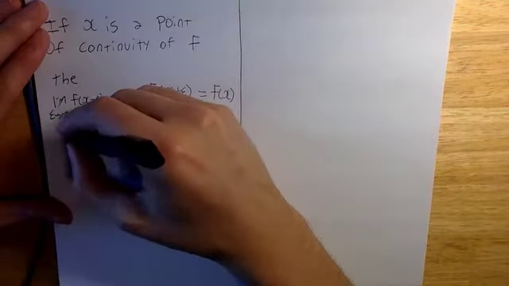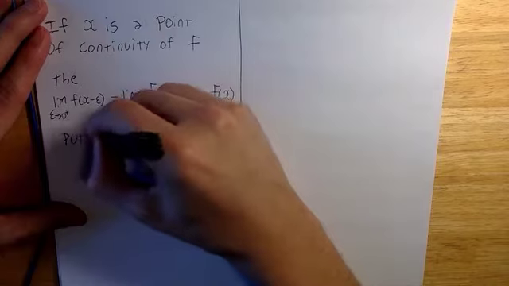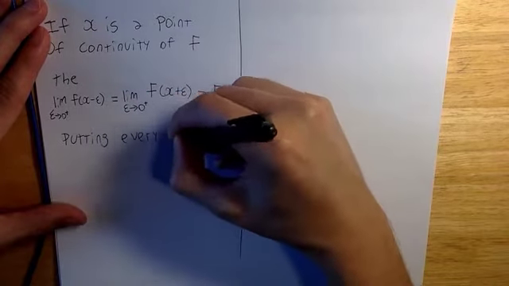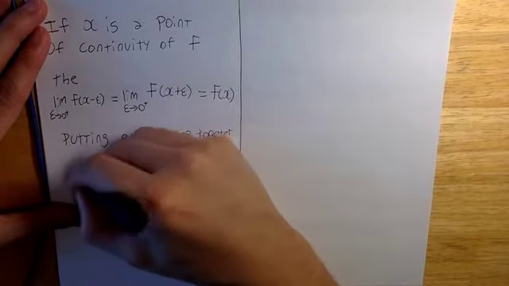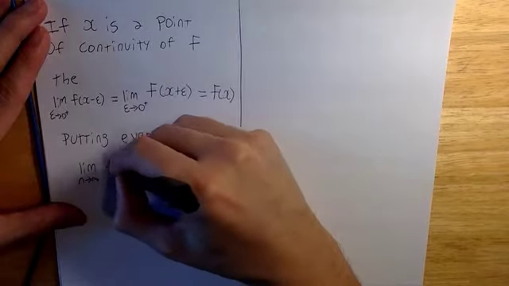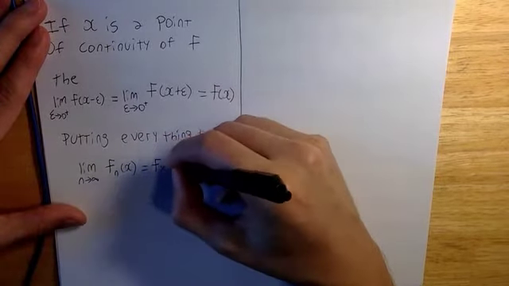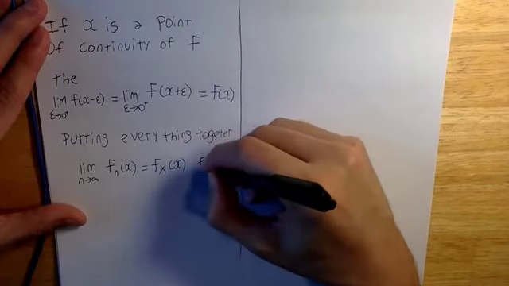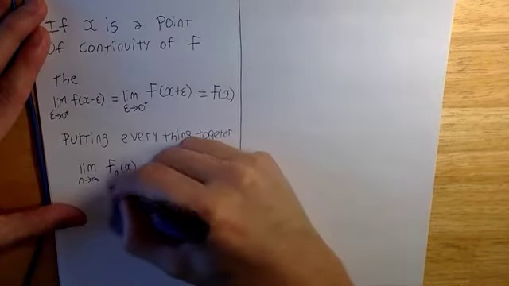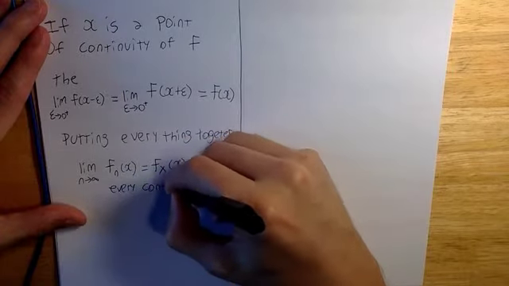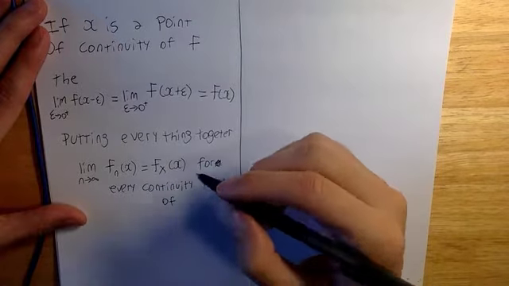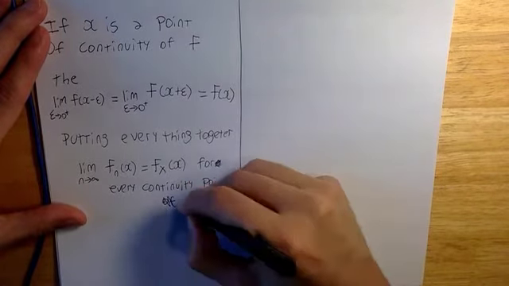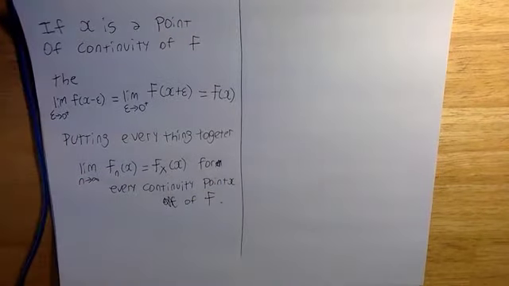Putting everything together, the limit when n goes to infinity of F_n of x is equal to F_X of x for every continuity point x of F. So that takes care of part B.